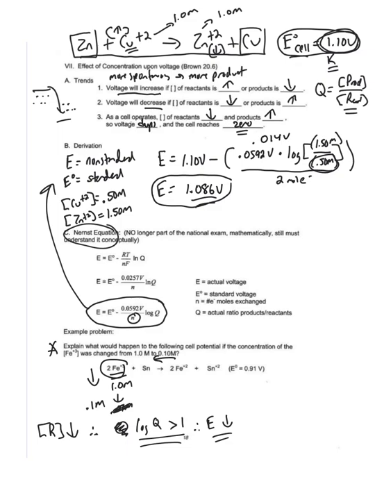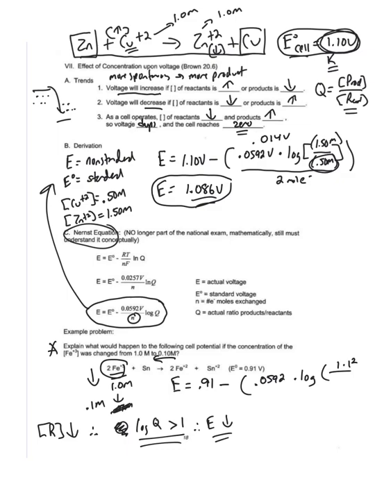and that's going to cause the voltage to drop. Now, using the Nernst equation, we can actually figure out what that voltage is going to be. 0.0592 times the log of, we're going to assume the other concentrations are 1. So on top, the products are all going to be 1 times 1 squared, so that's all going to be 1.